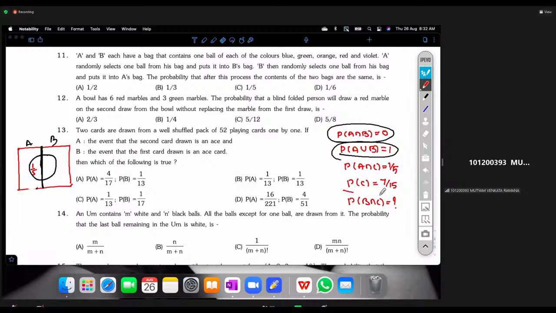Probability of C is 7 by 15. So this is 3 by 15, and this portion is 4 by 15. So with the diagram only, we got the answer.